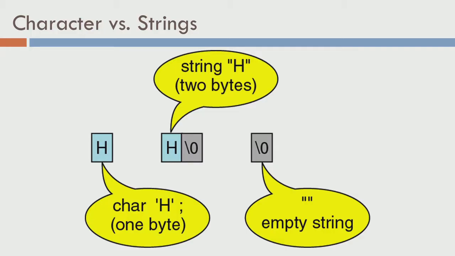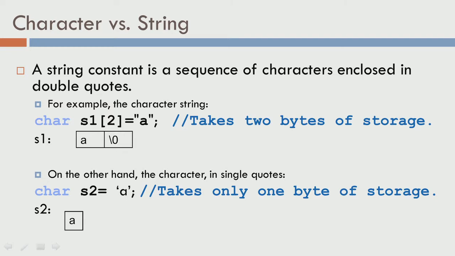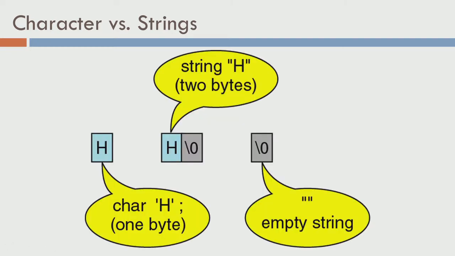So, let us see the basic difference between what a character is and what a string is. Let us say there is a character called H, it is a single byte representation. So, it stores H and nothing else, whereas if you store string H, it actually requires 2 bytes.